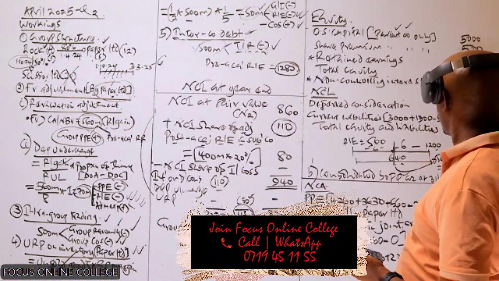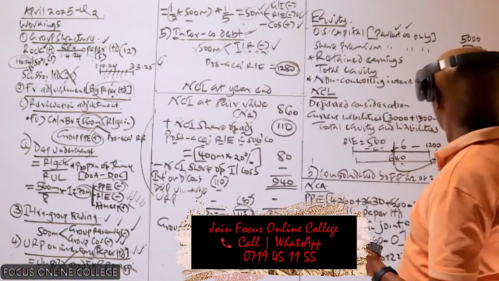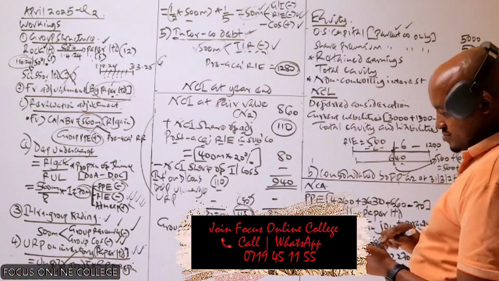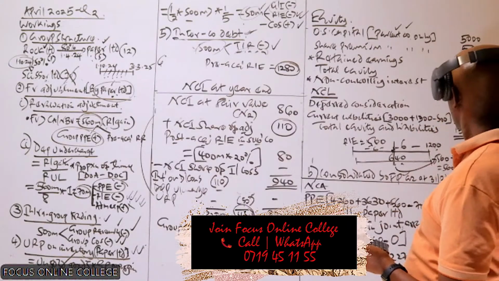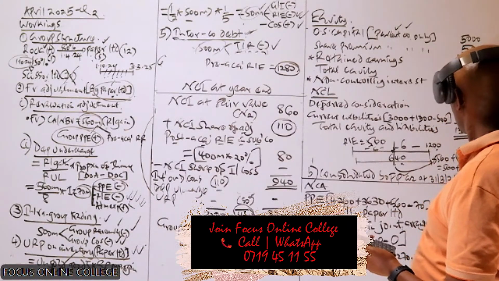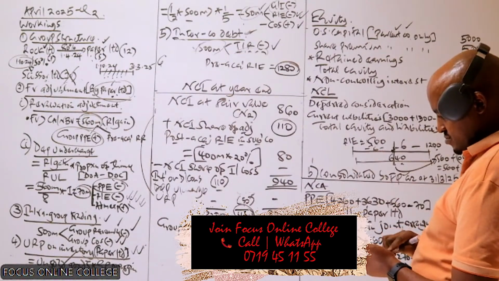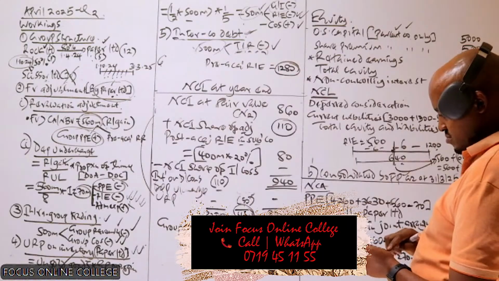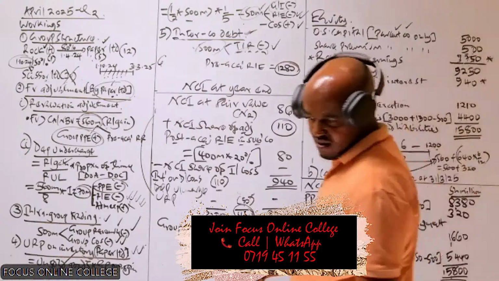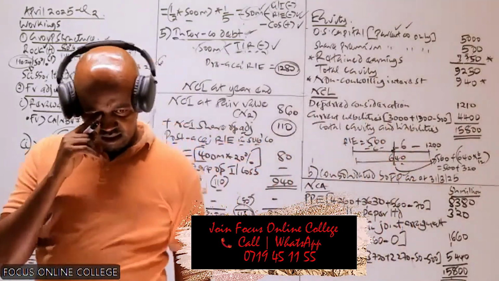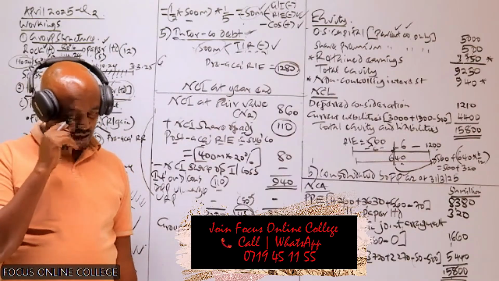And the retained earnings should be 30, 37, 50. Yes, it should now balance. Is it not balancing?